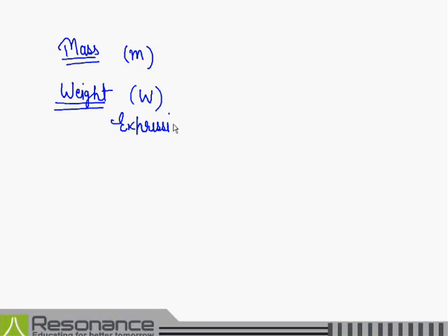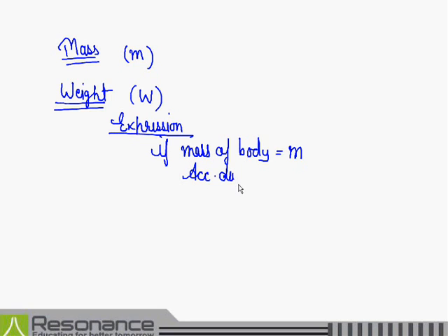If mass of body is small m and acceleration due to gravity is small g, then weight of the body is given by W equals mg.